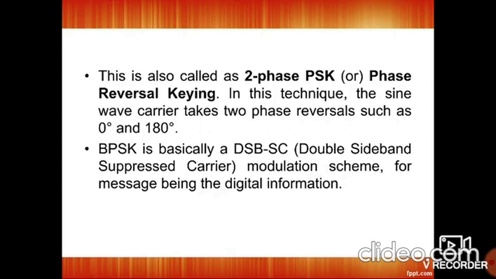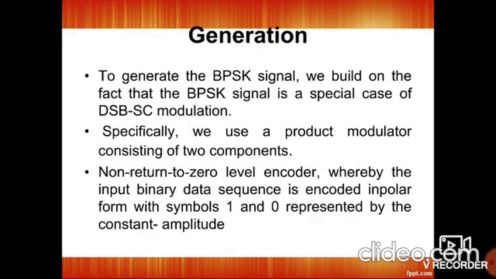This is also called two-phase BPSK or phase reversal keying. This is simply the technique whereby the sine wave carrier takes phase levels of 0 and 180 degrees. So BPSK is simply a double sideband suppressed carrier modulation scheme for a message having digital information.